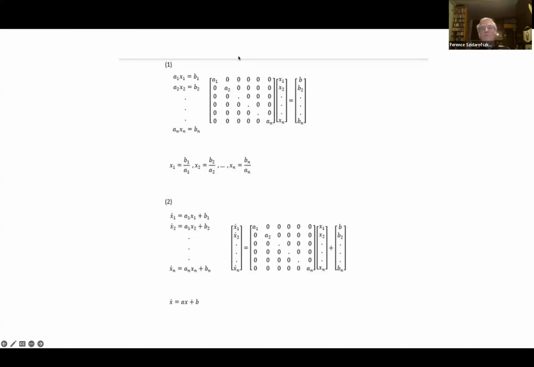However, if the matrix was transformed into diagonal, then everything became easy, because the first equation became A1 times x1 equals B1, the second equation A2 times x2 equals B2, and so on. These equations could be solved by simple division. So we did not need complicated computations or lengthy calculations. This was very simple, finally.